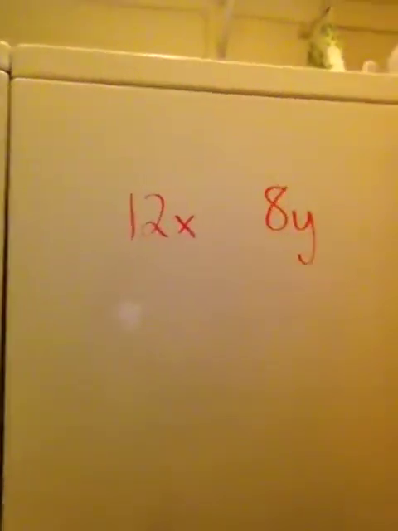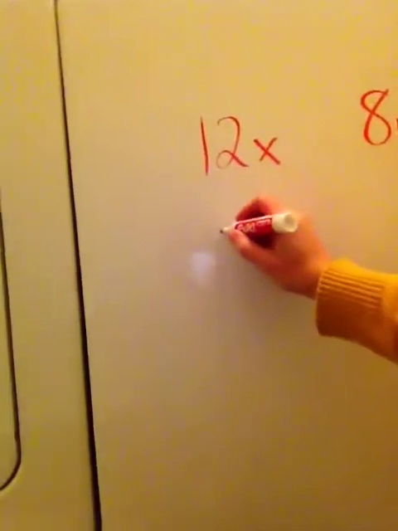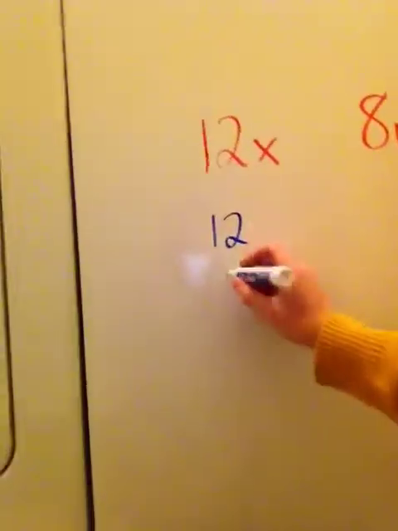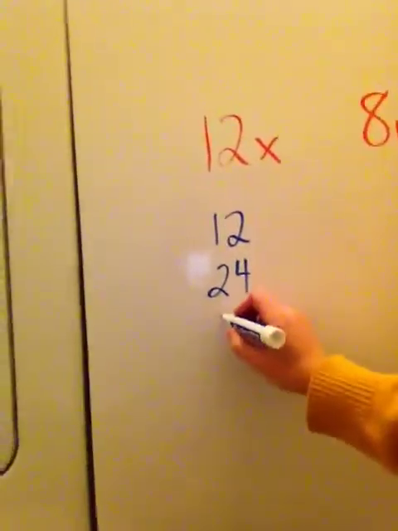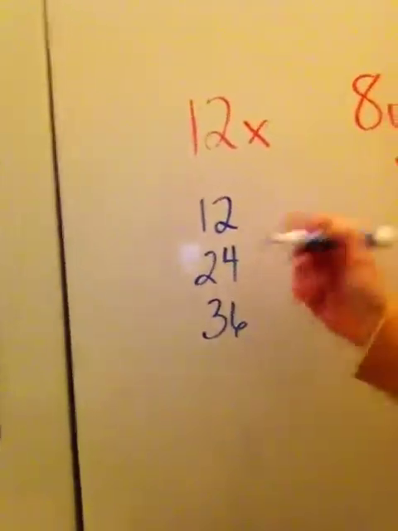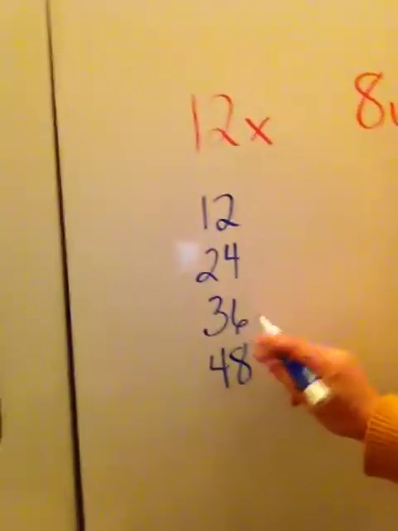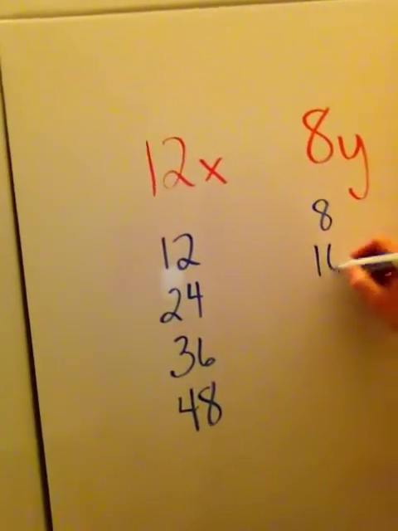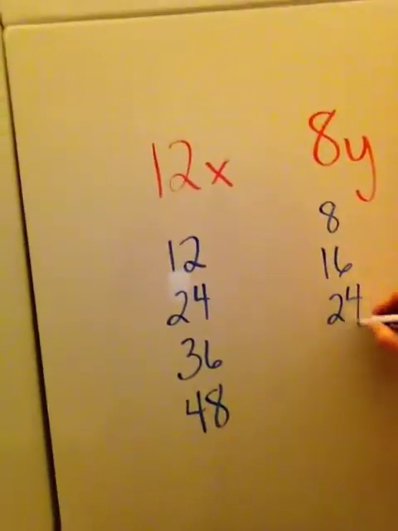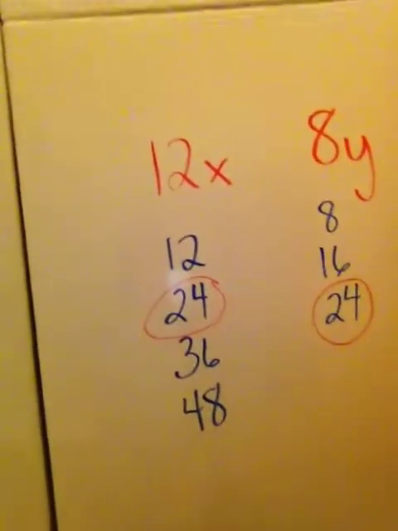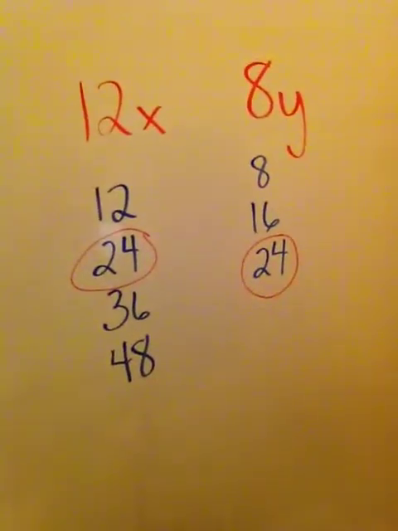So we're just going to list, 12 times 1 is 12, plus 12 more is 24, plus 12 more is 36. Or you could do 3 times 12 is 36, 4 times 12 is 48, so on. Let's do our 8s. 8, 16, 24. Oh, look. You've got our number. So there's our number. What do we do with the variables, though?